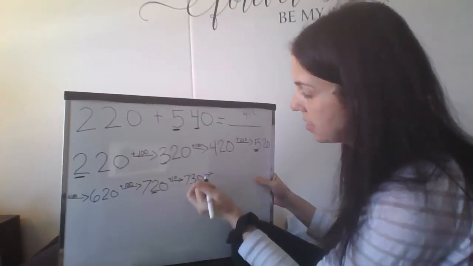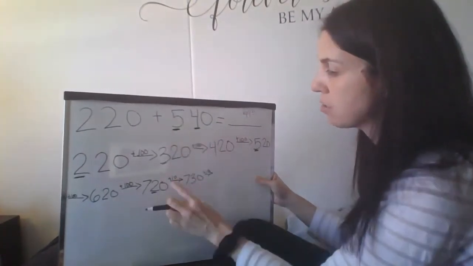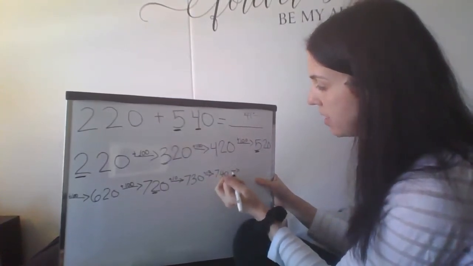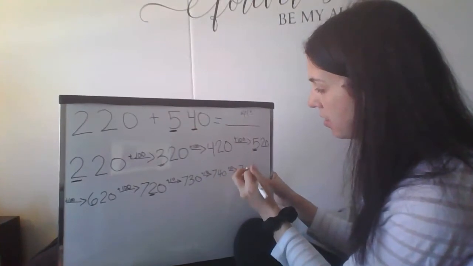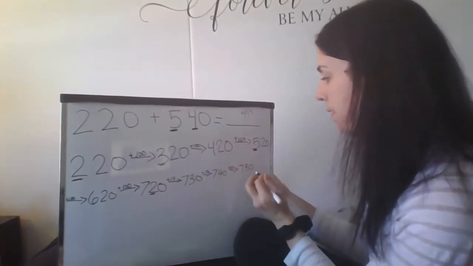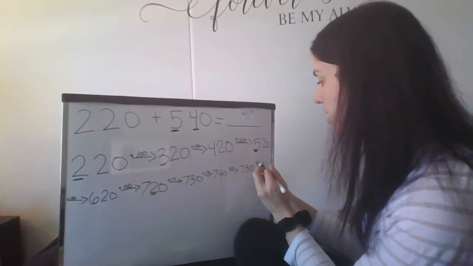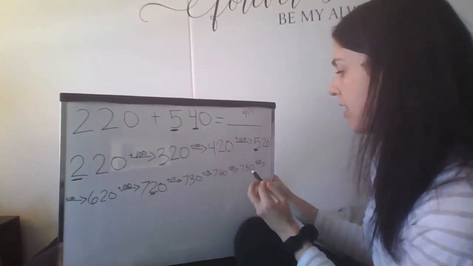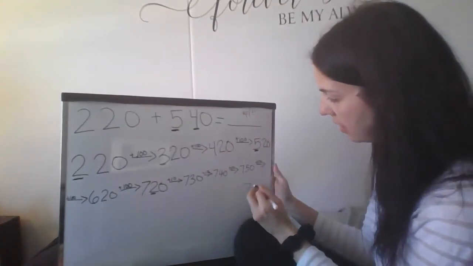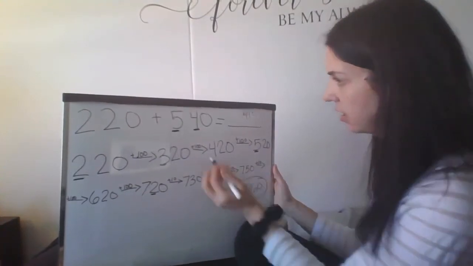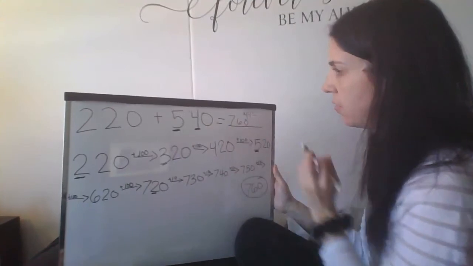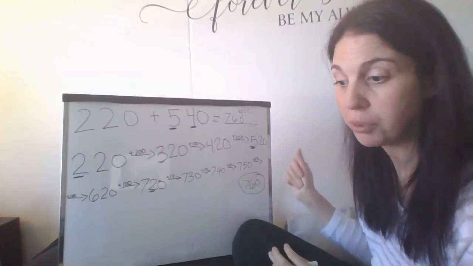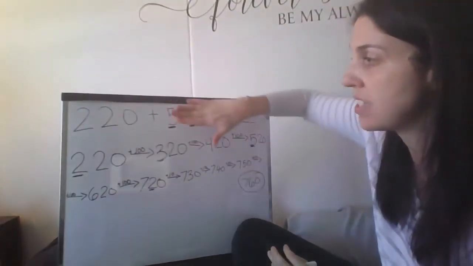And we need to do plus 10. Because remember, we need 4 tens. So we have 1 ten, 2 tens. 740 plus 10, 750. We're going to do plus 10. 1, 2, 3, 4. This is our last 10. 750 plus 10 is going to give us 760. Our answer.